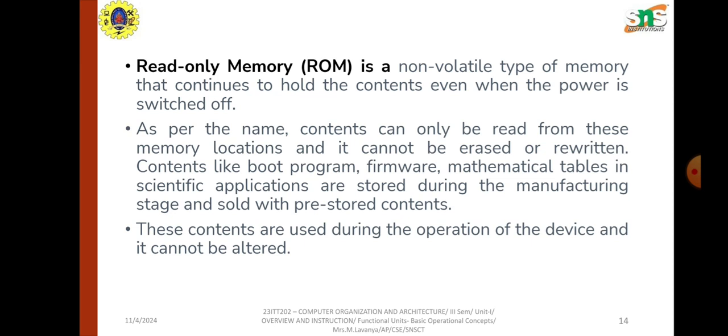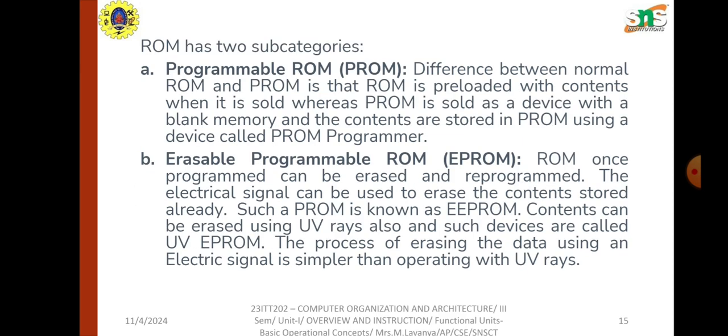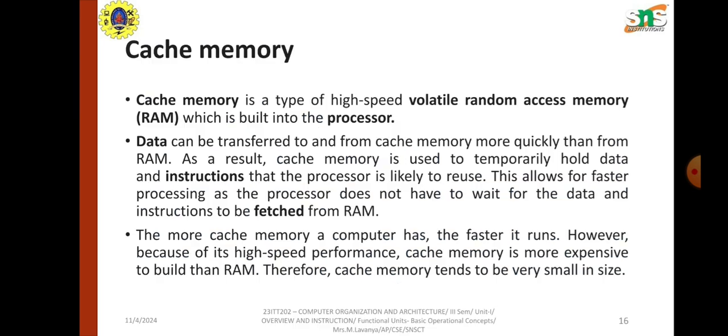And for ROM, there are multiple classifications. For example, PROM, EPROM, and EEPROM, etc. PROM is programmable read-only memory, EPROM is erasable programmable read-only memory, and EEPROM stands for electrically erasable programmable read-only memory.